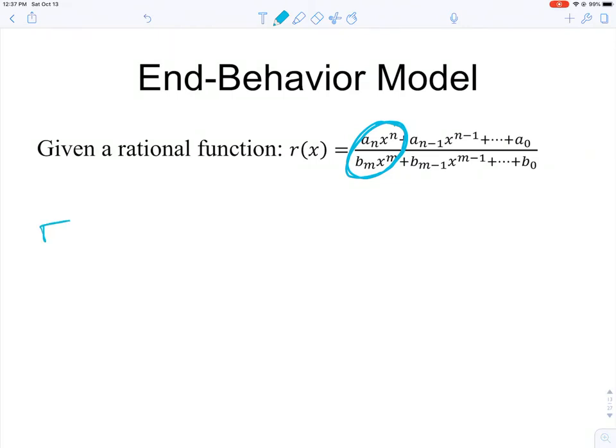So our end behavior model, which I refer to as the EBM, is the simplified version of the ratio of the leading terms. Simplified.